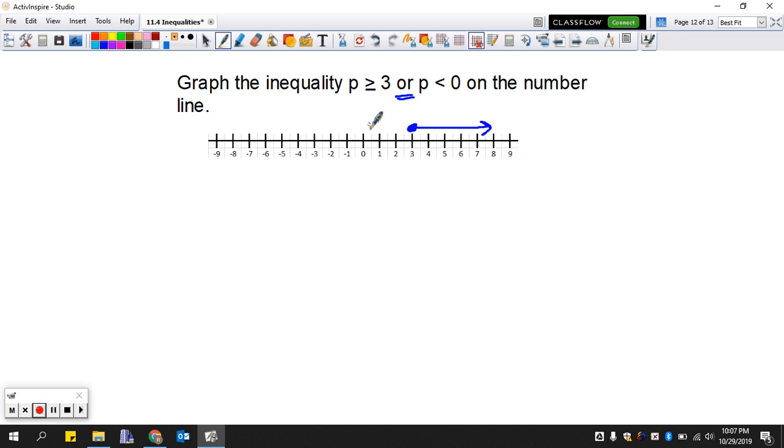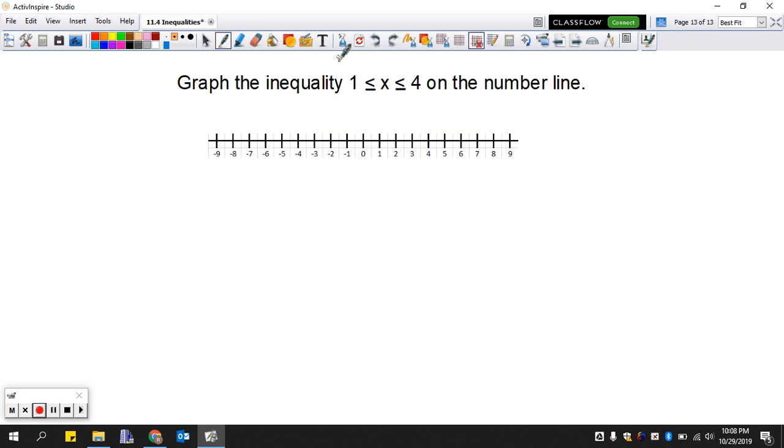Or p is less than 0, that just means that it's an open circle and it goes to the left. Now you notice that those arrows are going in opposite directions. So the or means that the values go either one way or the other.